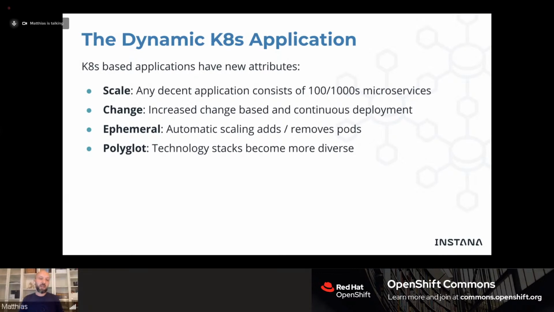Right? The change also increases dramatically with developers. OpenShift provides a great platform for continuous deployment, and the increased change is just tremendous. And pods come and go, right? You've got autoscalers, you've got rolling deployments, and everything is getting ephemeral.